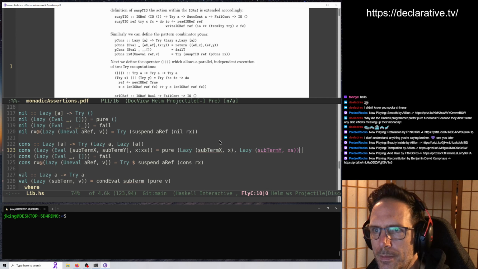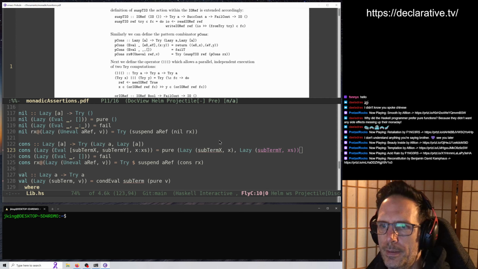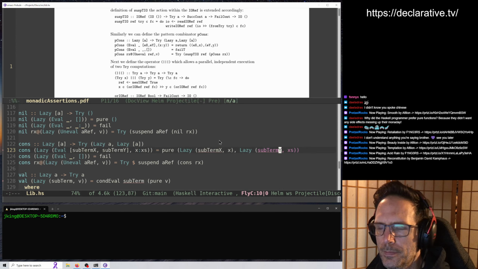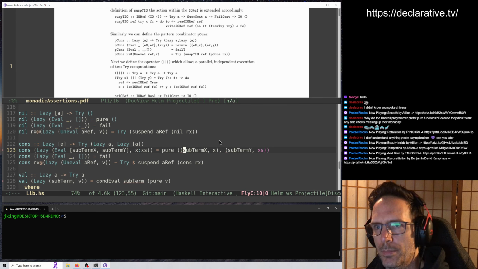Okay. Try lazy A and lazy list of A. If this doesn't work, because we need to return a tuple of lazy A and lazy list of A. And it kind of would work in the paper because in the paper, lazy is defined as a type alias for these tuples.